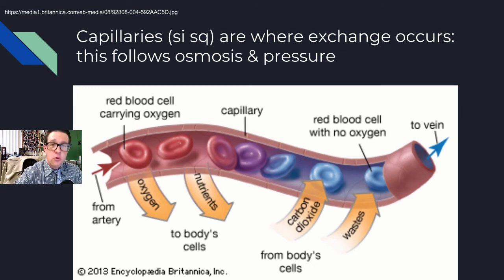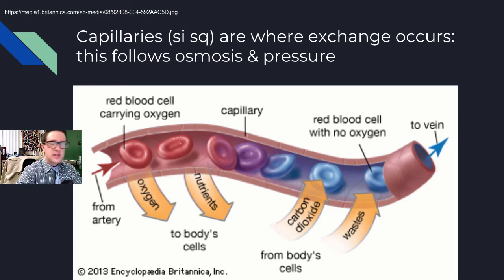Capillaries turn out to be the only place where exchange can occur from the tissues to the blood. So if I want to put something in the blood, it can only happen at a capillary. If I want to take stuff out of the bloodstream, that can only happen at a capillary. That is the location. Why? Because one of the jobs of simple squamous epithelium is it's a filter. It's just there as a barrier.